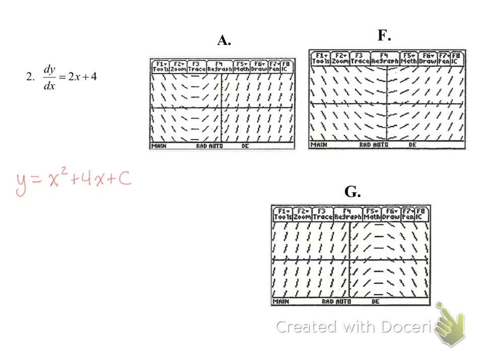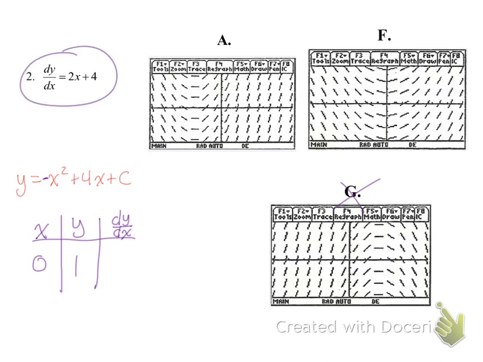Now I'm going to rule out G right away, because if it was G, then this would have to be a negative x squared. So G's not working. Now we need to pick between A and F. Again, use a test point. If I make a table here of x, y, dy dx, we're going to plug in 0, 1 into dy dx.